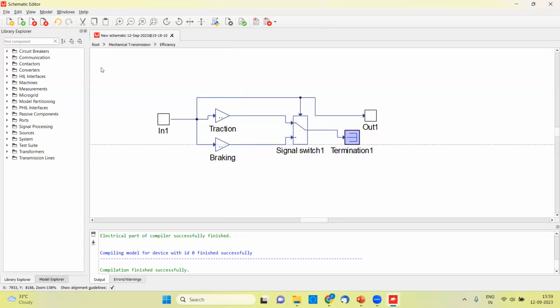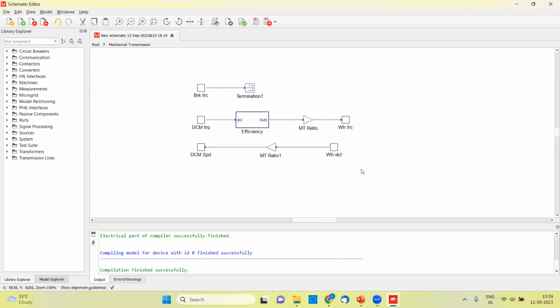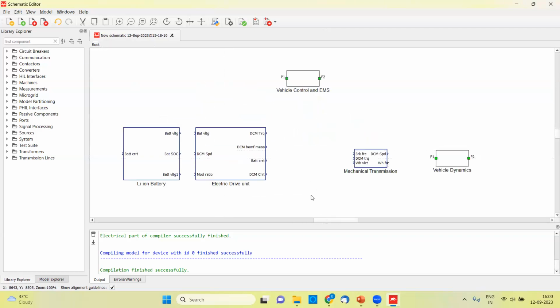Rest of the settings I'm not going to change. Rest everything I will leave as it is. And now we have completed this subsystem also. So we have designed the lithium ion battery, we have completed the drive unit, and we have also completed the mechanical transmission unit. You can see now we are having so many output and input signals which are getting generated.